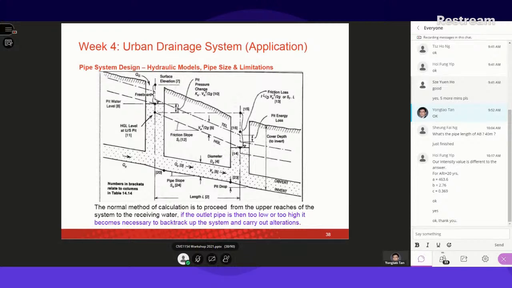This figure also helps us to understand some of the terms such as energy loss, friction loss, pressure change, and what the HGL is, etc.